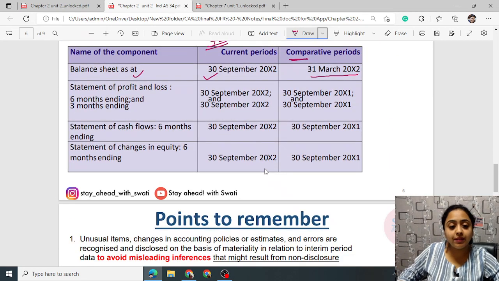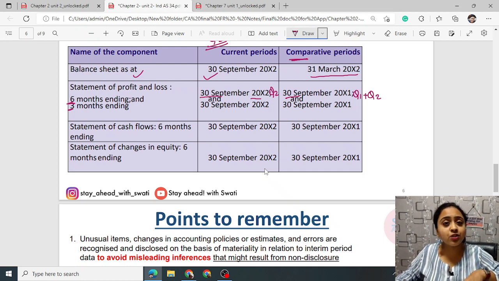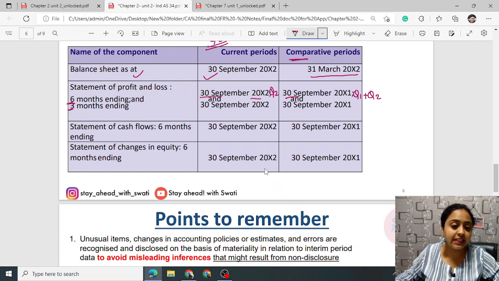For the statement of P&L, if you talk about six months ending and three months ending, then what you need to present is 30th September 2020, the current period, and cumulatively up to 30th September, that means quarter 1 plus quarter 2. Here you will be showing the six month figure, and here only the figures of the quarter for which you are presenting the information.